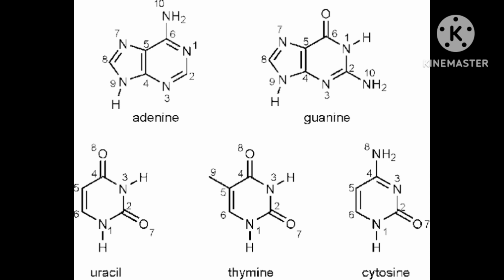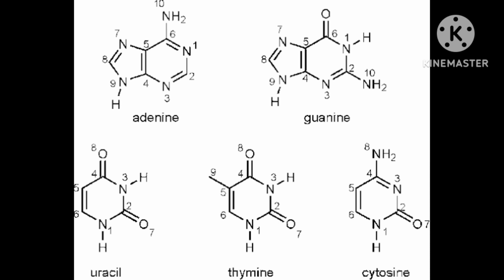Means 4 carbon, 2 nitrogen. Between 2 carbons, 1 nitrogen is there. Again between 2 carbons, 1 nitrogen is there, and 2 carbons are continuous and attached with a double bond. And from the first carbon NH2 is attached.